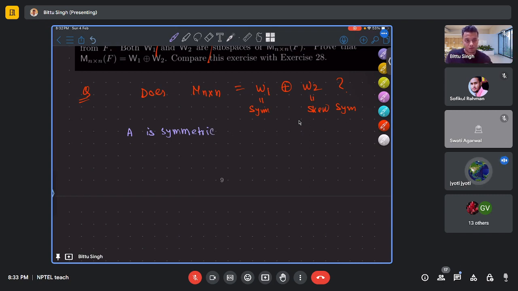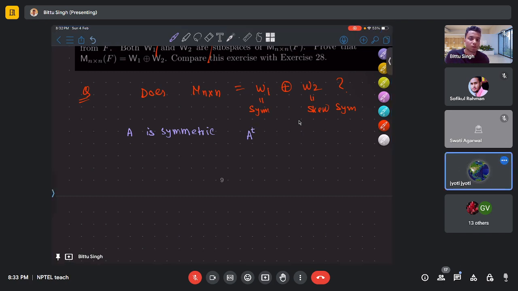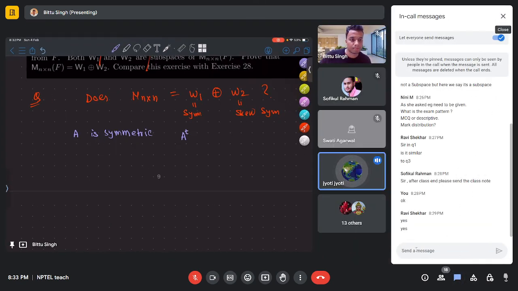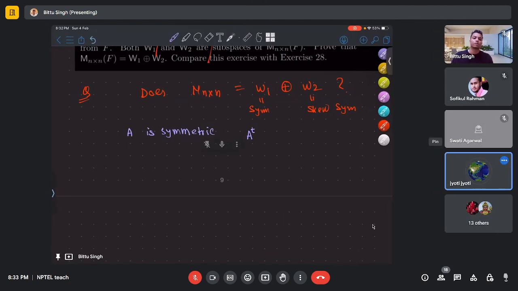Sir, on the previous slide you wrote that the matrix is a direct sum of symmetric and skew symmetric. But I think it is not right because for this property, W1 and W2 must be disjoint, meaning only the zero matrix must be common, but here any diagonal entries may be in the intersection.